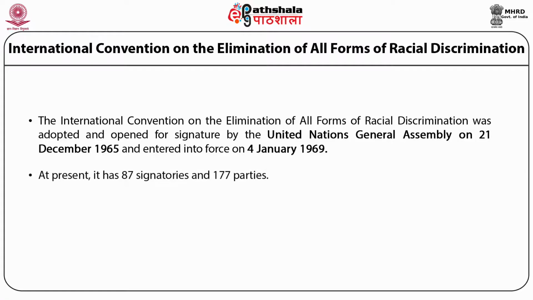At present, the convention has 87 signatories and 177 parties. This convention is unique in certain aspects as it includes in itself an individual complaints mechanism, effectively making it enforceable against its parties. So this is again something novel. An individual can complain of a violation of the treaty, of the convention.